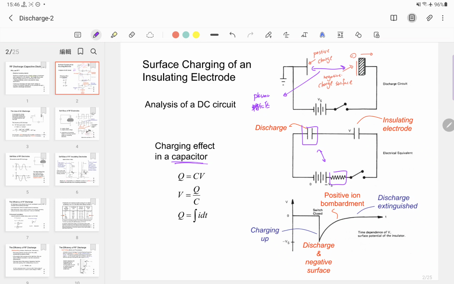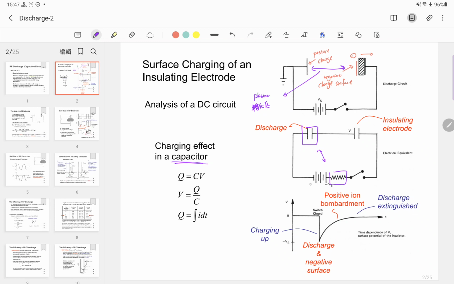Okay. So when the cations come to the surface of the insulating material, their positive charge will neutralize the negative charge. At the beginning, the surface of the insulating material is charged up negatively. But the negative charge will be neutralized by the positive ion bombardment, so that the total amount of charge will decrease.